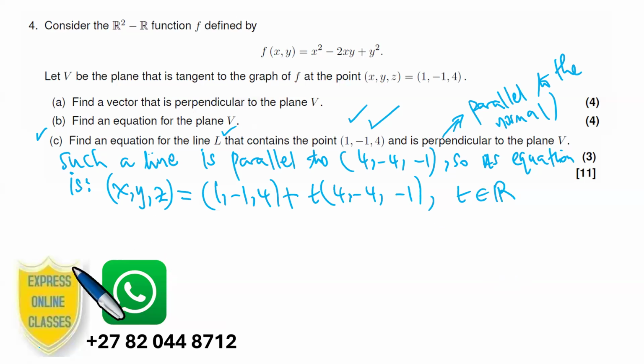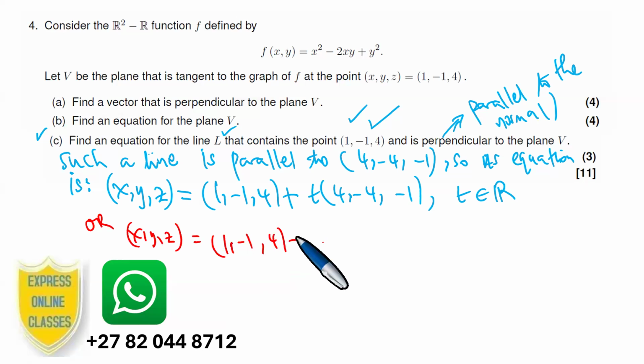If you don't write the answer like this, you can write (x, y, z) equals (1, -1, 4) plus (4t, -4t, -t).